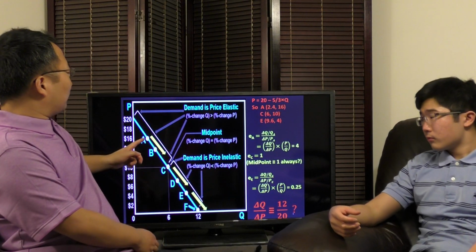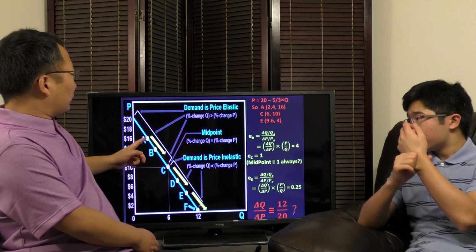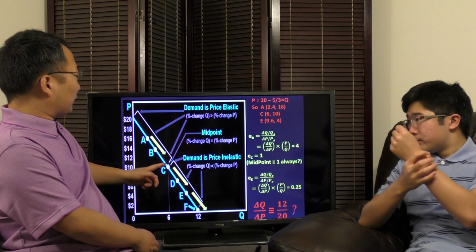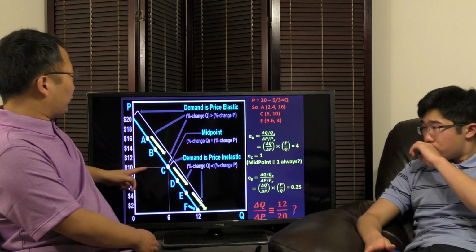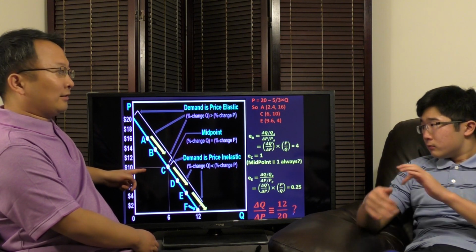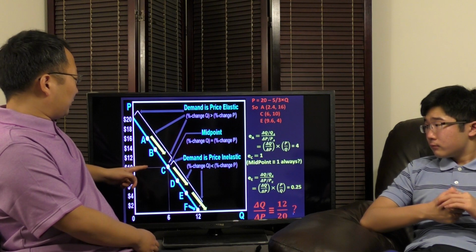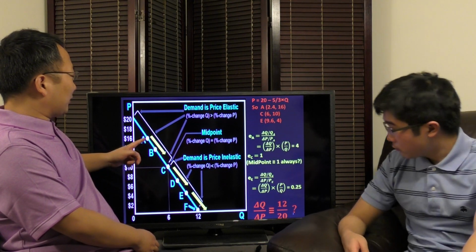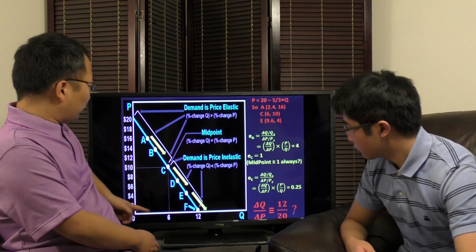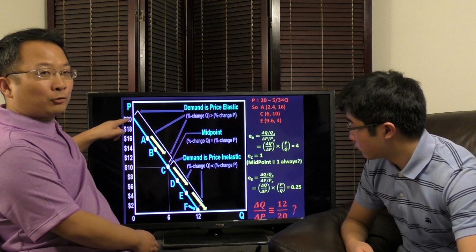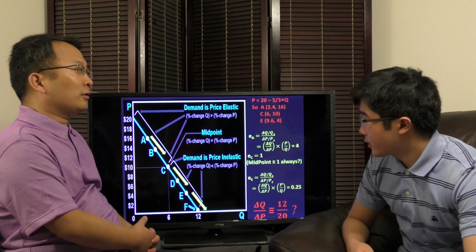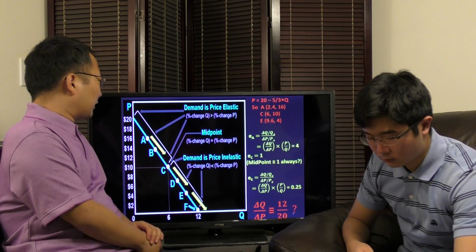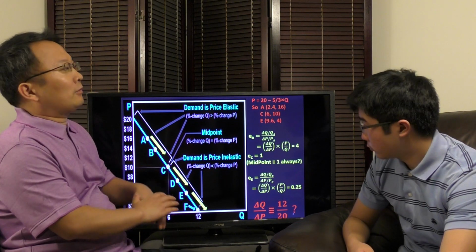From point A, no matter whether we move to B or to C, delta Q divided by delta P is always equal to 12 divided by 20. We call that similar triangles in geometry. If you get familiar with the geometry, it will be very simple.